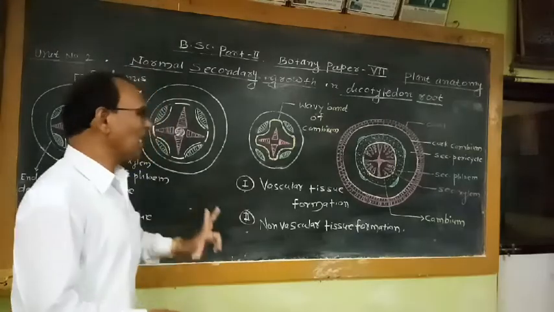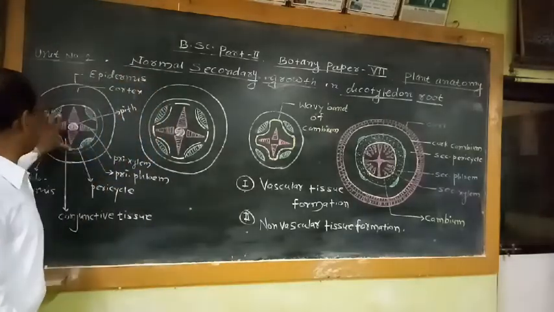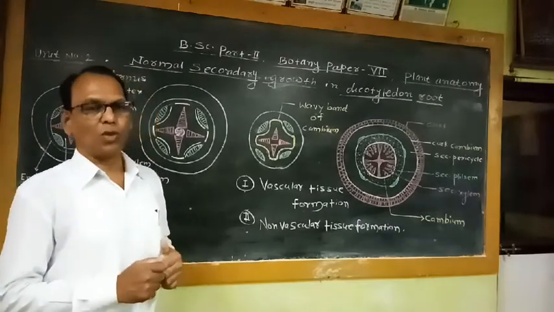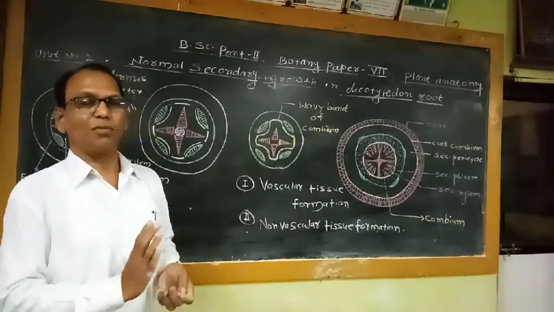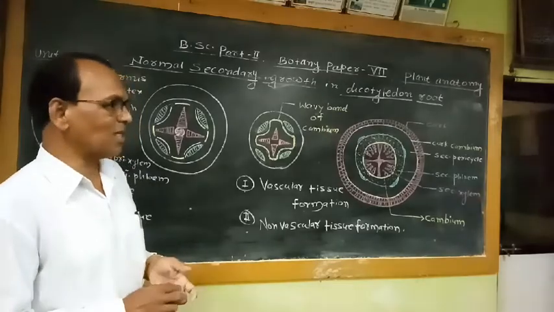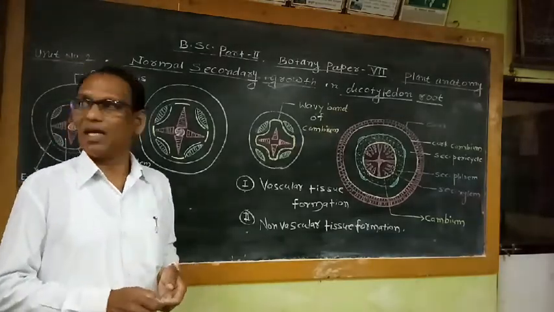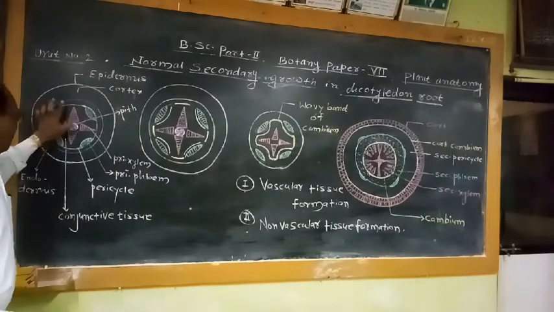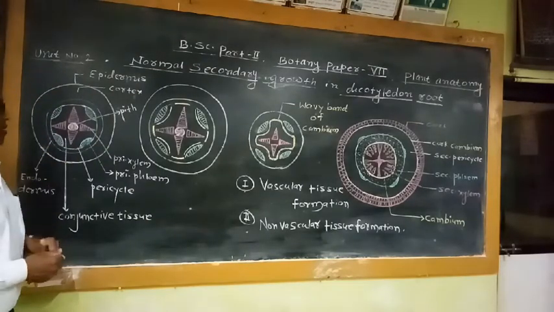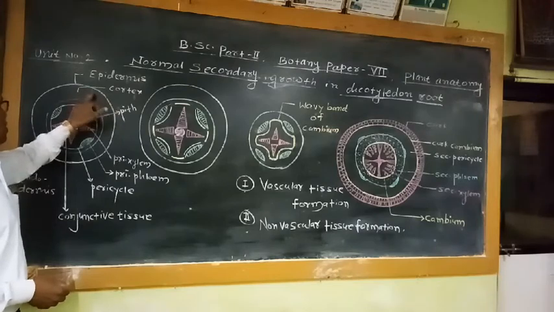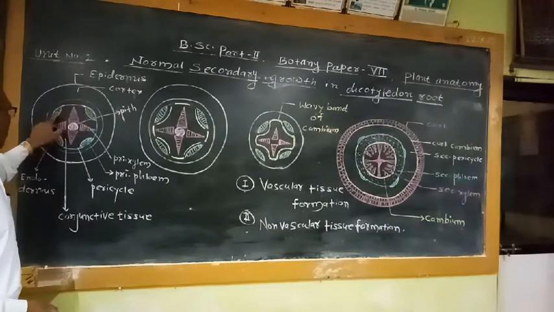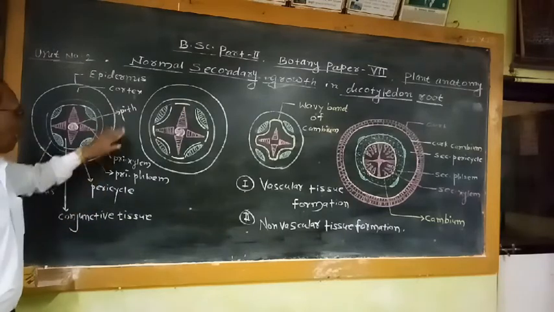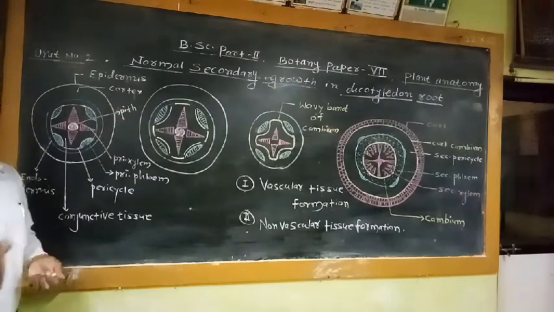That means radial arrangement is an example of each and every dicot as well as monocot root as far as the arrangement of the vascular bundle is concerned. So originally this type of anatomy is there: epidermis, cortex, endodermis, pericycle, phloem bundle, xylem bundle, and the central region which is occupied by pith. So secondary growth begins.